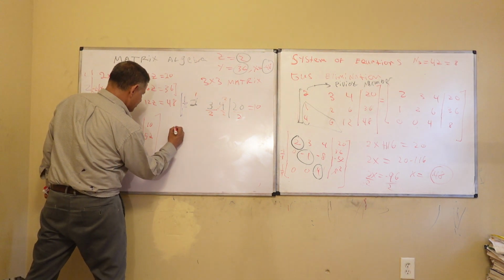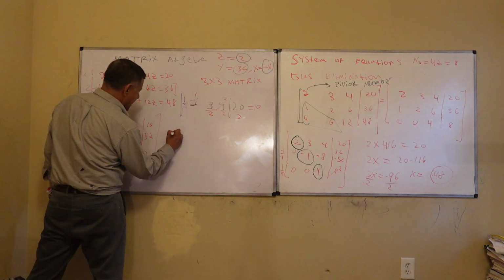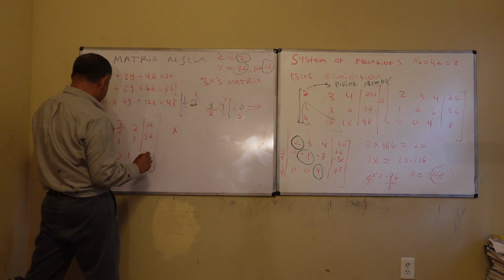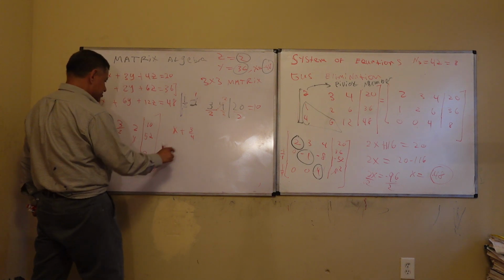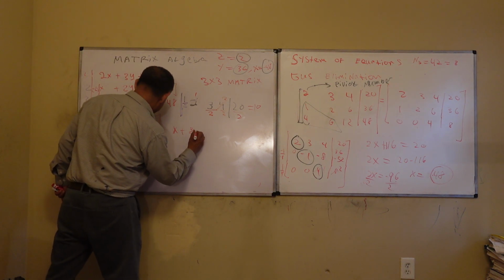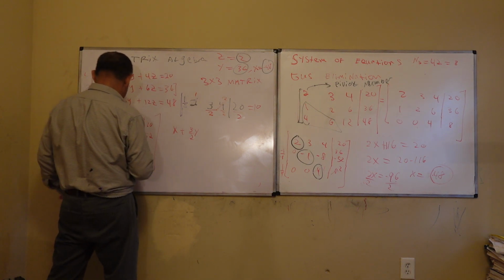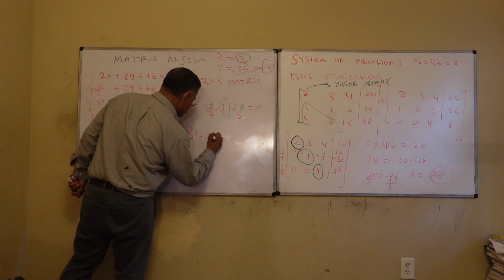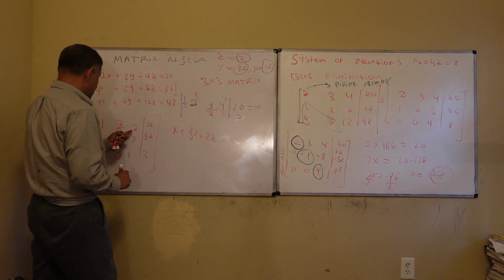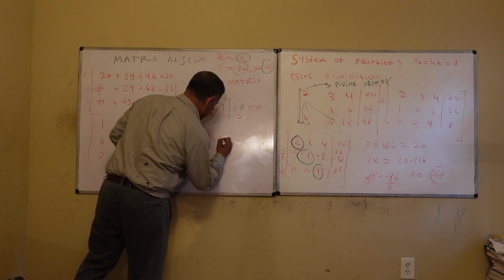So right here, you got an x, plus 3/2 y, plus 2c, and that is equal to 10.